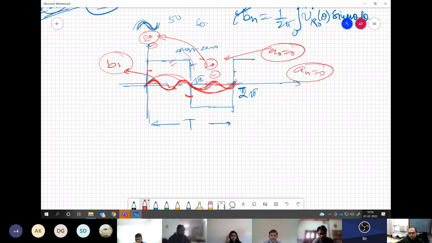Now, the same thing if you try with an even order harmonic, let's say a sinusoid only, what will happen? You have, say, 2 cycles on both sides. Now what is happening?